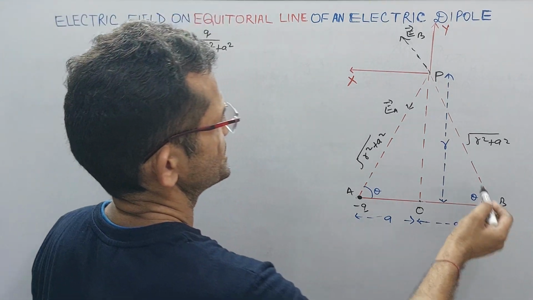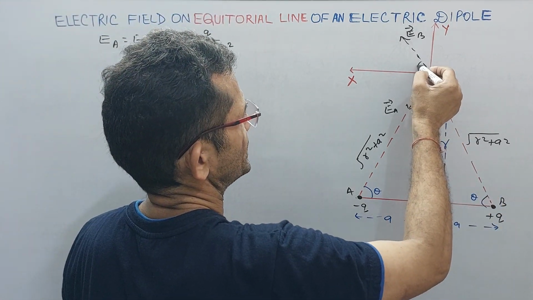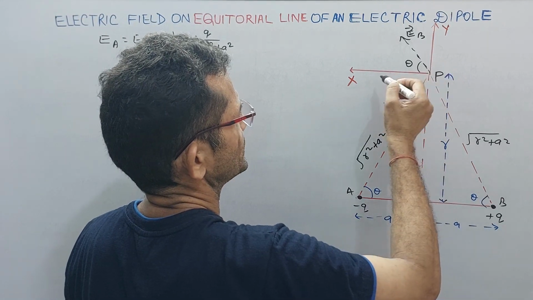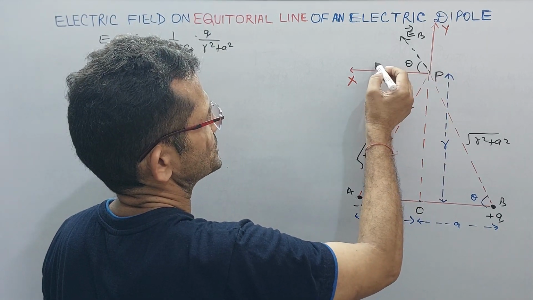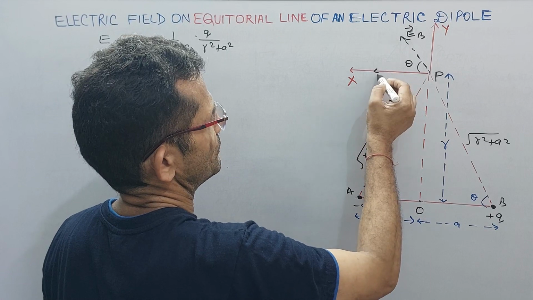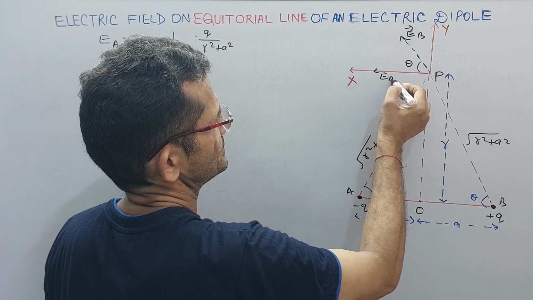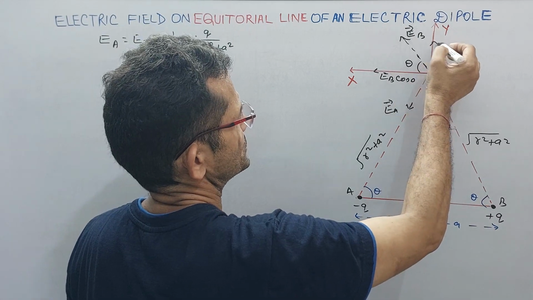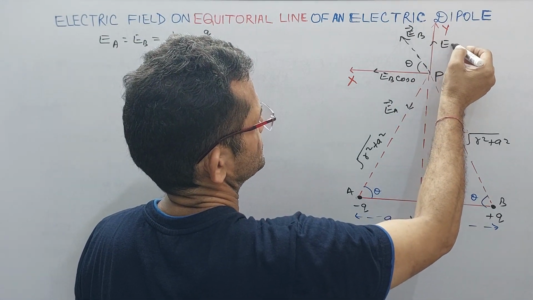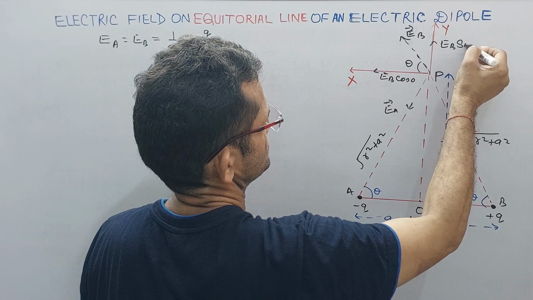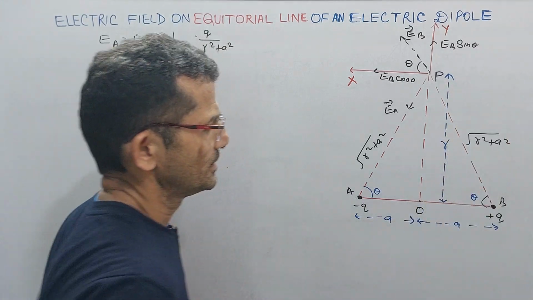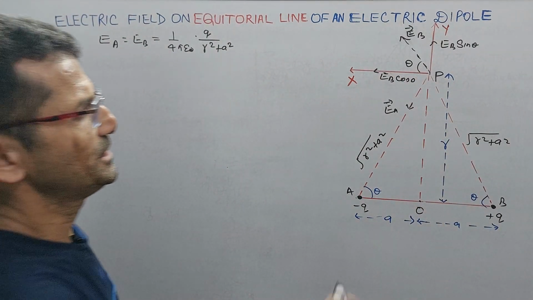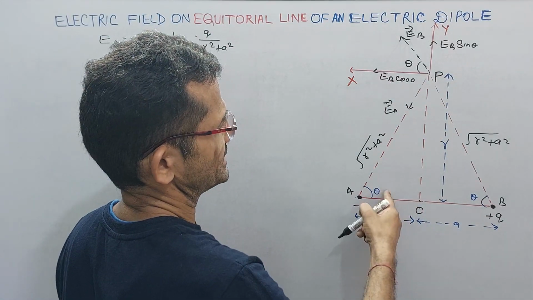So now this is theta, this is also theta. If I break EB into components, EB cos theta will be along this one, and another component along this one will be EB sin theta. In the same way, EA is along this one, and this is angle theta.